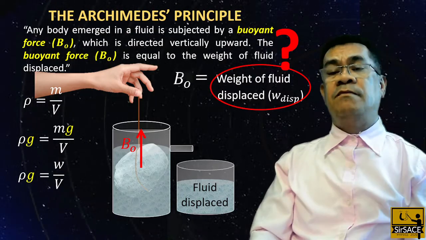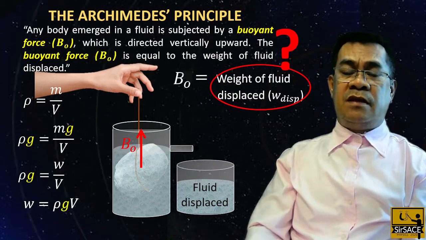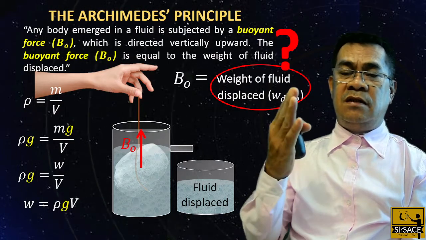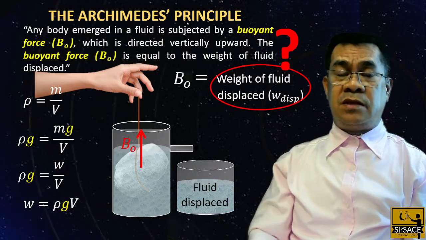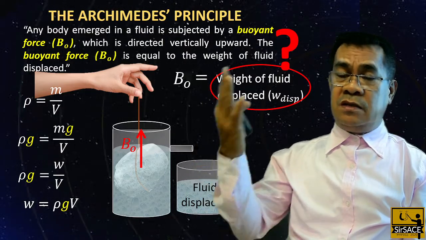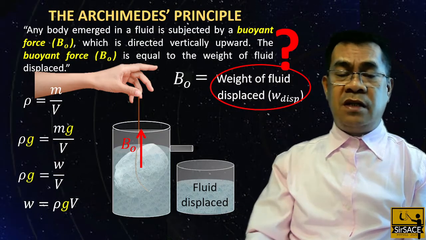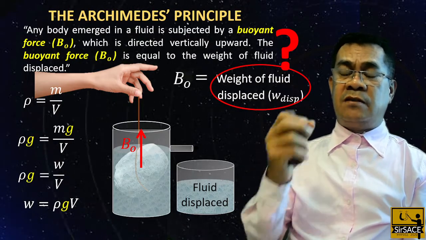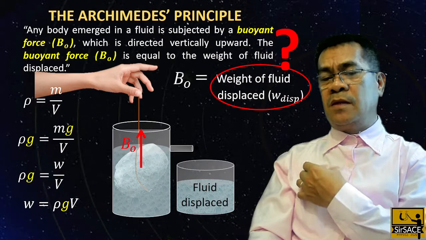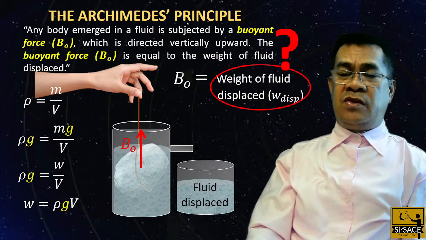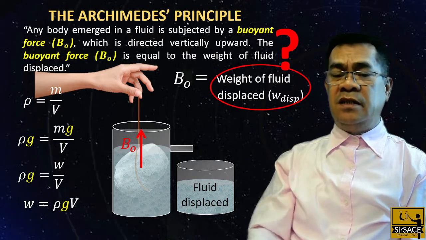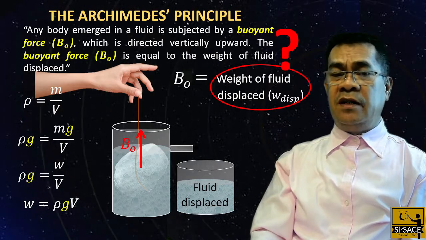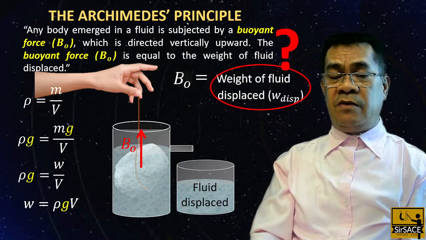V is the volume. So take the diagonal product, then we can say that the weight of any substance, remember, regardless of solid, gas, or liquid, is equivalent to rho g V. Rho means the density, mass density, times the acceleration due to gravity, multiplied by its corresponding volume.